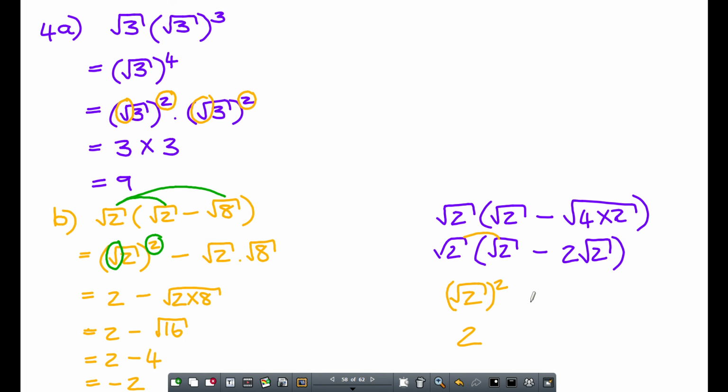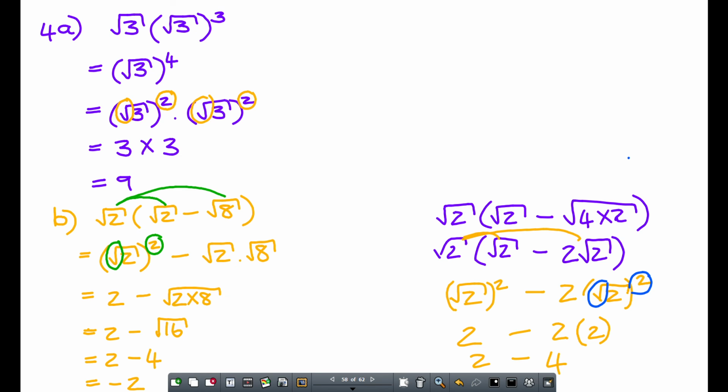Then square root 2 times that will give me 2 square root 2 squared. Like that. You fine? And then here again, that square and the square root will cancel out. So what's actually written there is 2 times 2. So meaning 2 minus 4.